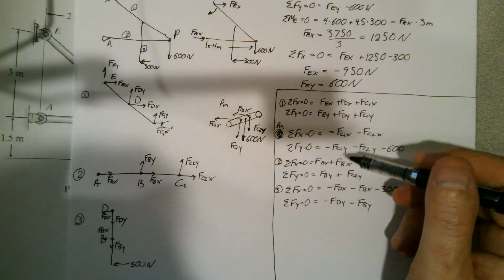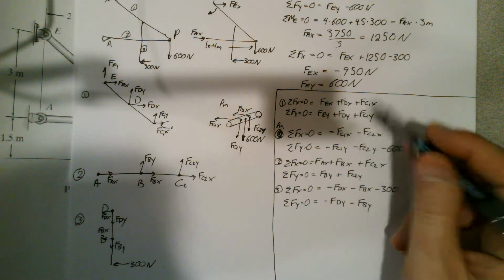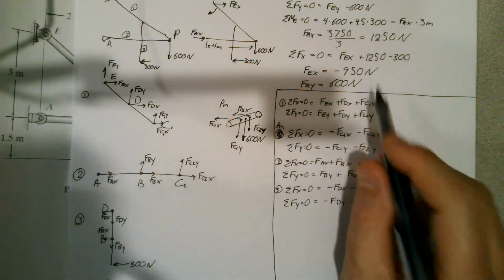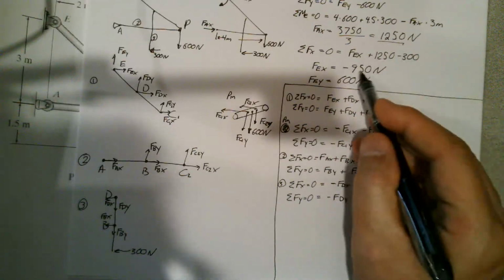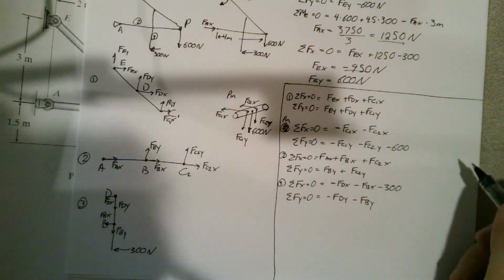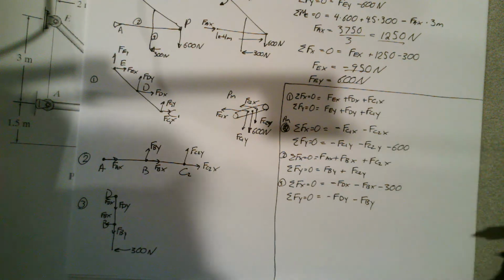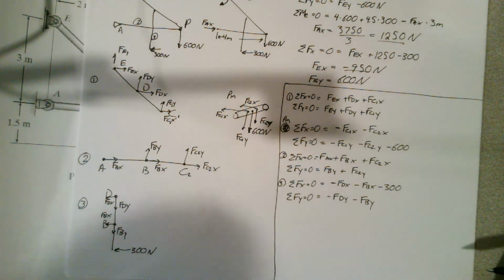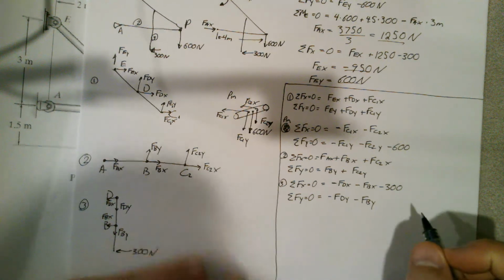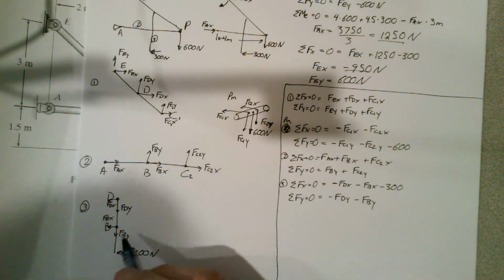And then we also already found 3. So we found these 3. So we have 8 left, and we have 8 equations here. So we might be able to solve for this. If not, maybe we can throw in a moment equation. I'm just looking to see if there's an easy one.